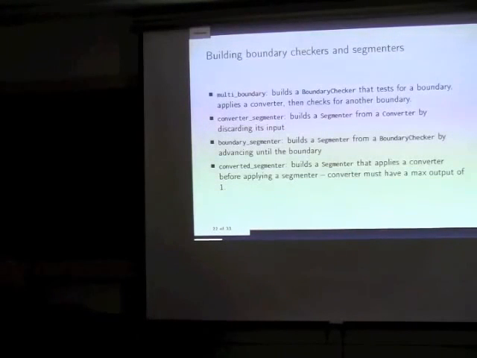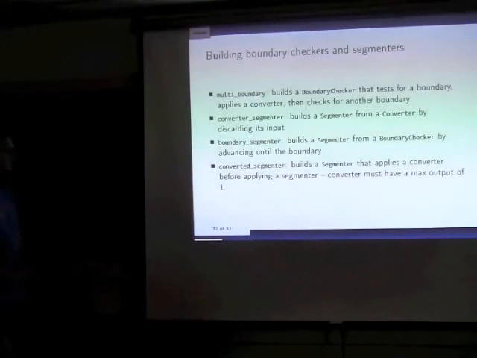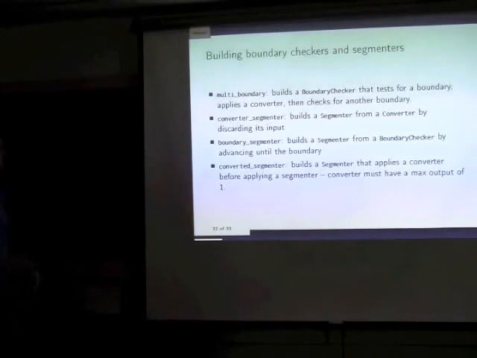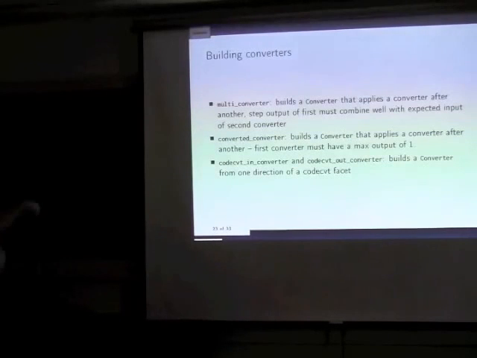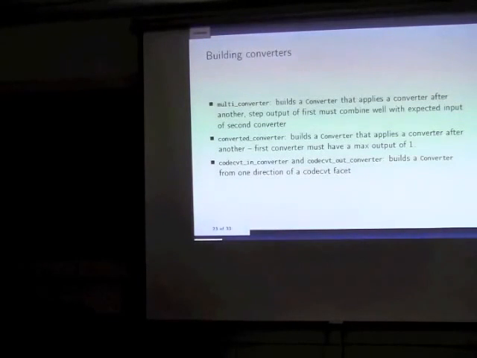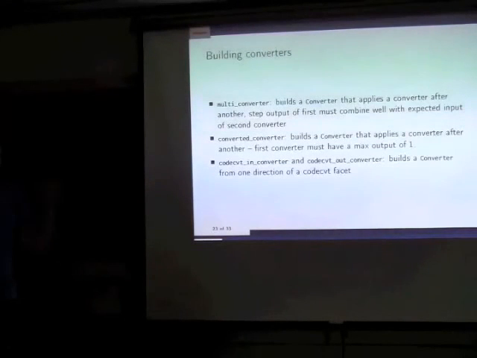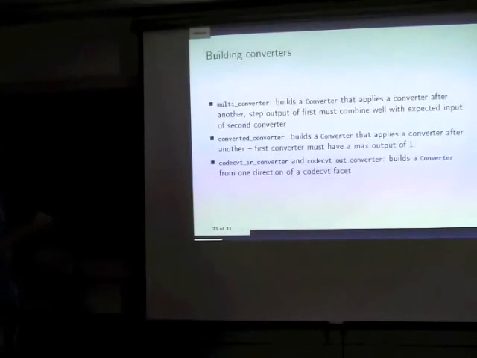I can build a segmenter from a boundary checker simply by advancing until the boundary is found, and then I can apply the segmenter before a converter. I don't exactly remember which. I've used all of these to combine and create new ones. I will demonstrate afterwards. The multi-converter first applies the converter, then tries to apply a second converter on the output it has got.